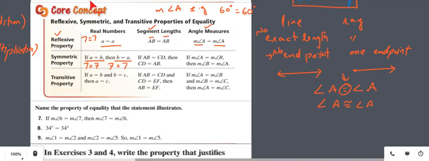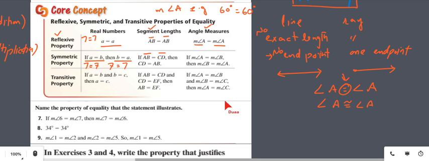Now this property also holds in terms of the measure of the length of a line segment. If segment AB is equal to segment CD, this is again segment length. Usually we write measure, but because they mentioned it, they are not writing it.